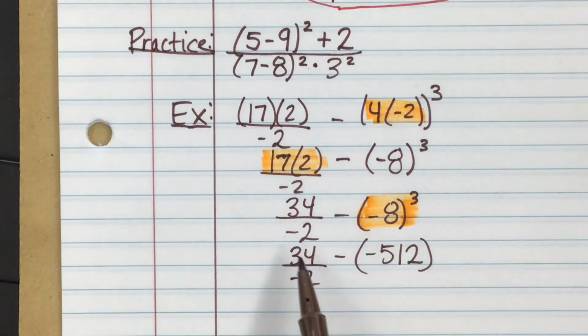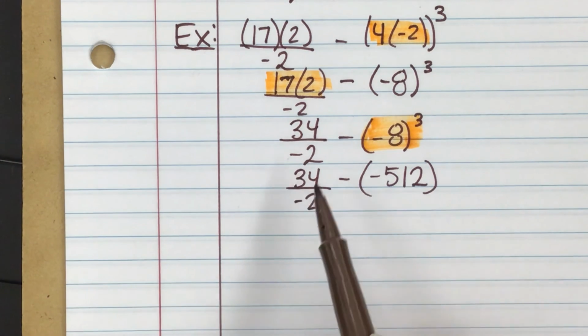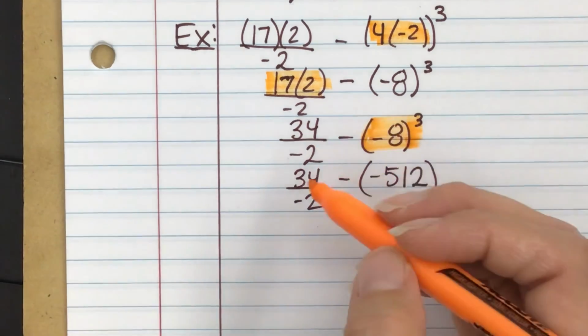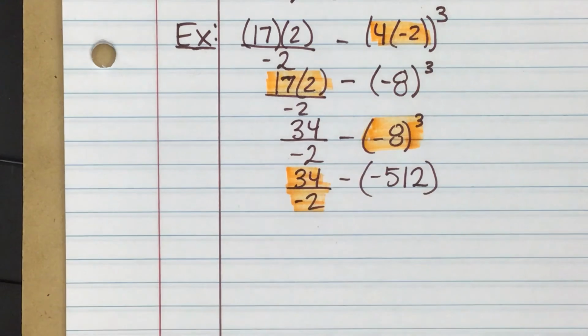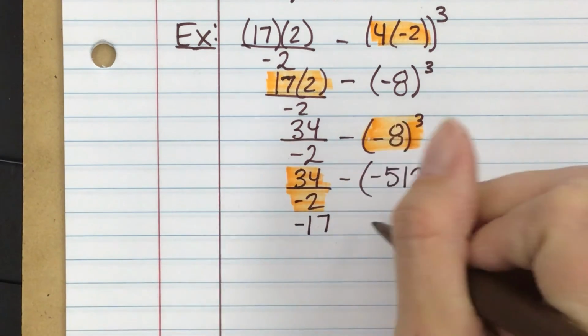Okay, now we have division happening here, but notice this division looks different than that division symbol we are used to seeing. But this is still division, okay? And then we have subtraction. So we're gonna divide first. Okay, so 34 divided by -2 is gonna be -17.